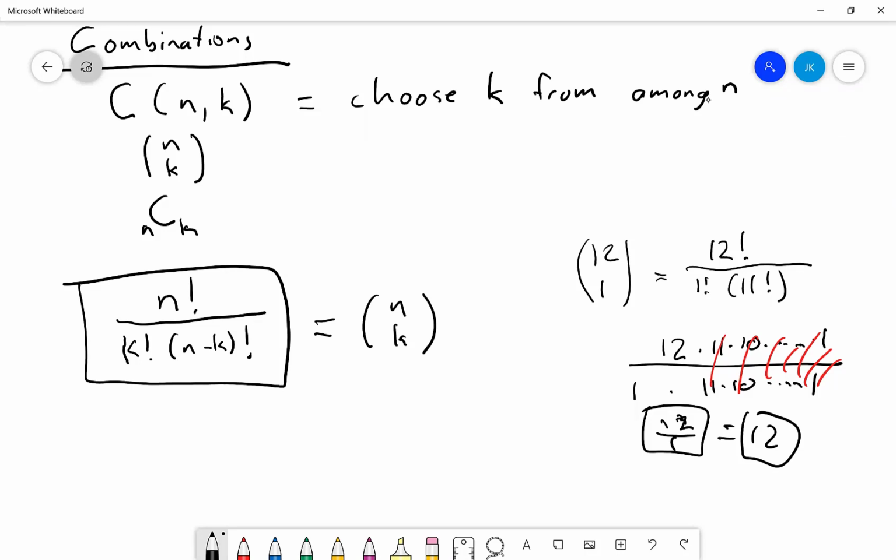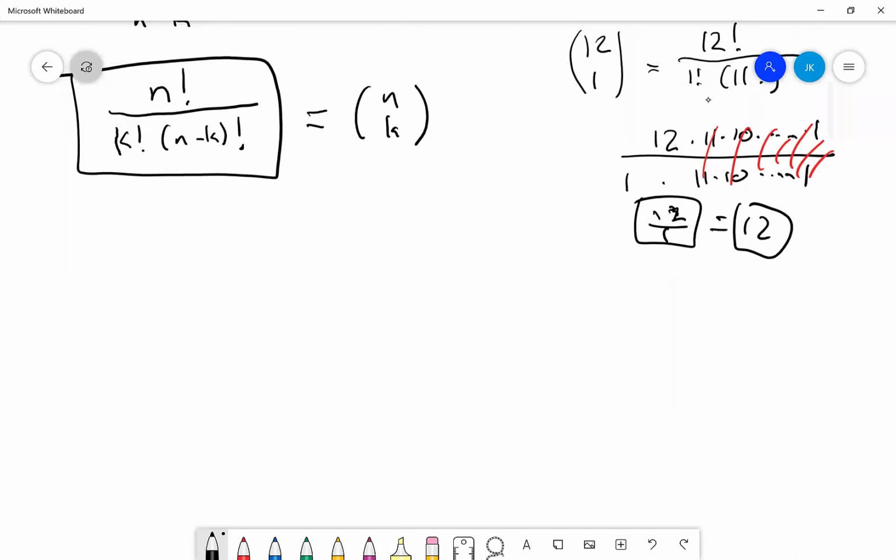Now, there are a couple of ways of computing these, and the most commonly known one, and one of the most efficient ones if you need a lot of combinations, if you're trying to compute pretty much all of the combinations up to a value, is a dynamic programming approach called Pascal's triangle.